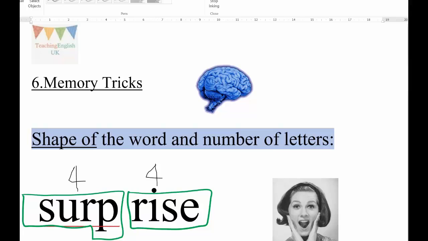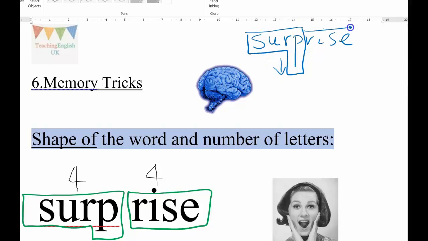And another memory trick is using the shape of the word. So for example, we've got the word surprise. We could actually split it up into two shapes. There's a drop here, and then that's a rectangle there. We could also use colour to help us with this word.